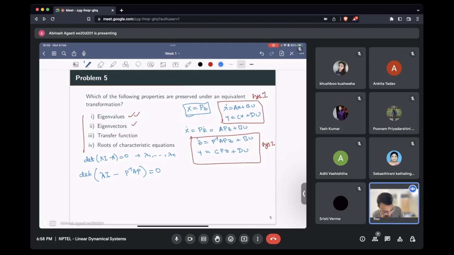I can write this as determinant of lambda P inverse P minus P inverse AP, which equals determinant of P inverse into lambda I minus A into P. You can verify this.